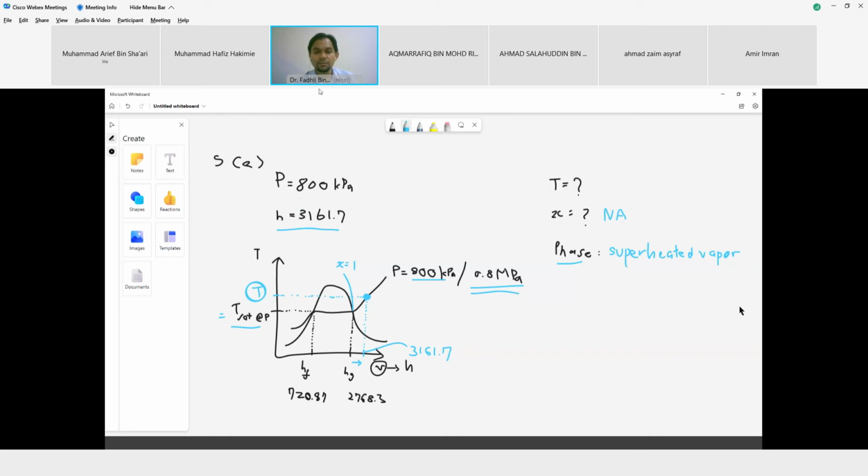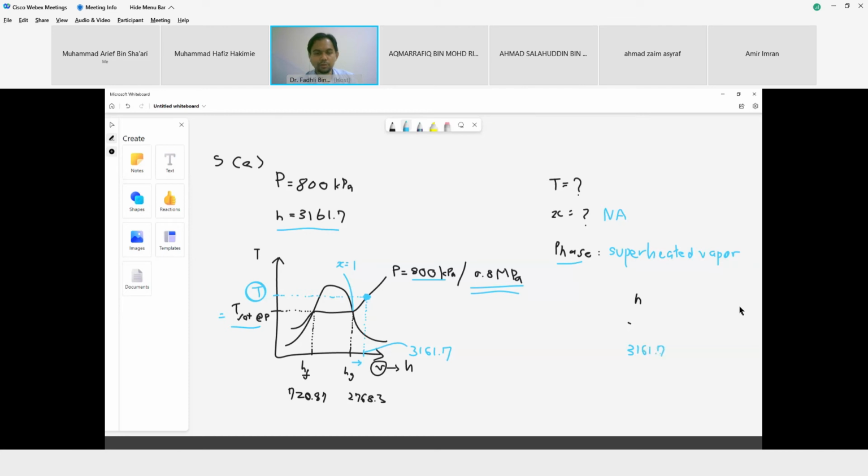Okay. That means right here, the given enthalpy is 3161.7.